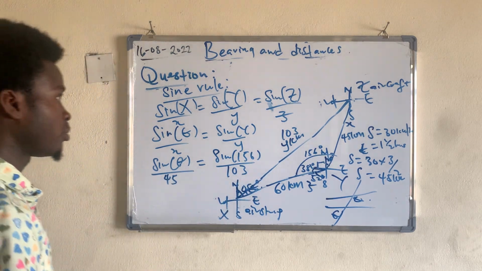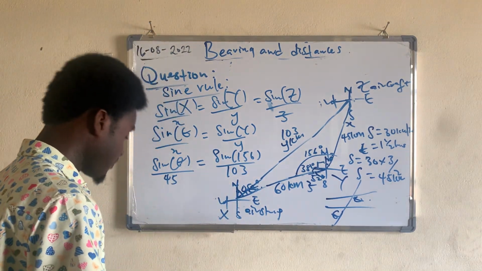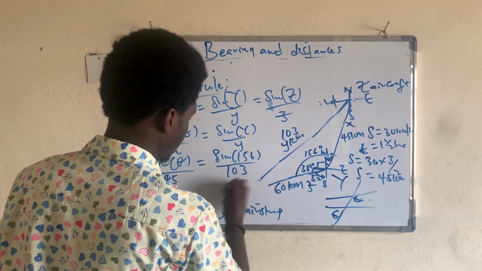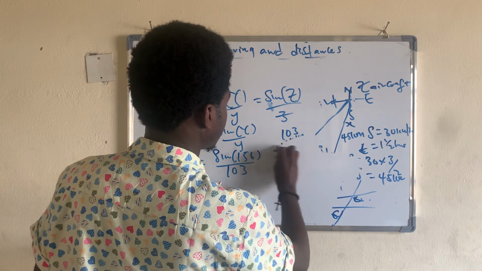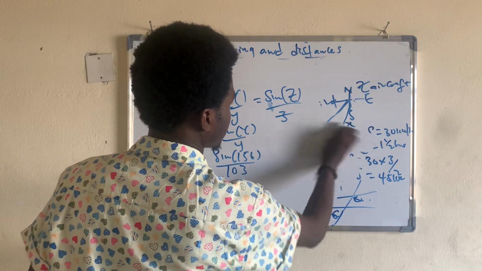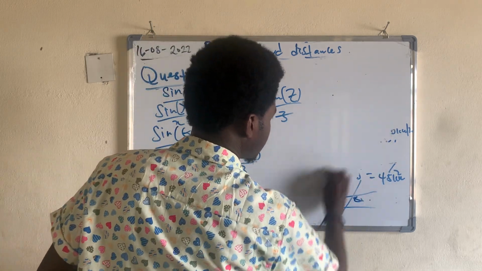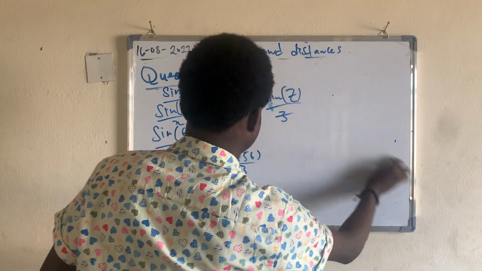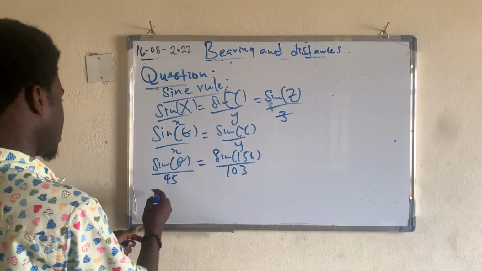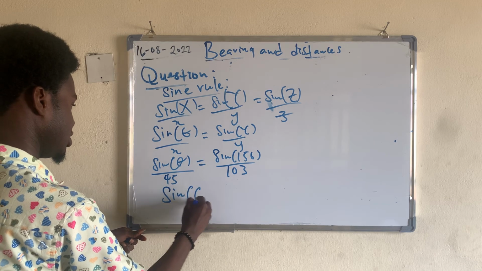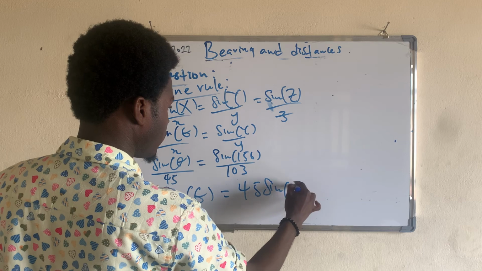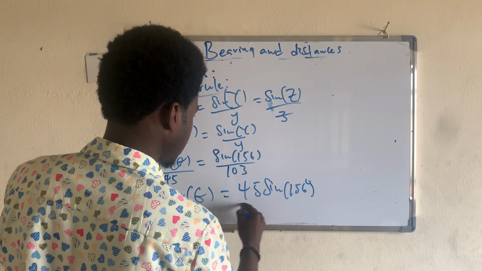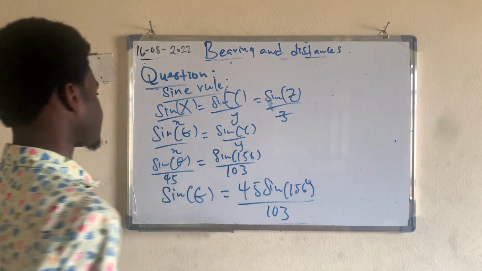So I will have to rub up this diagram here. Here sine theta is equal to 45 sine 156 degrees over 103.